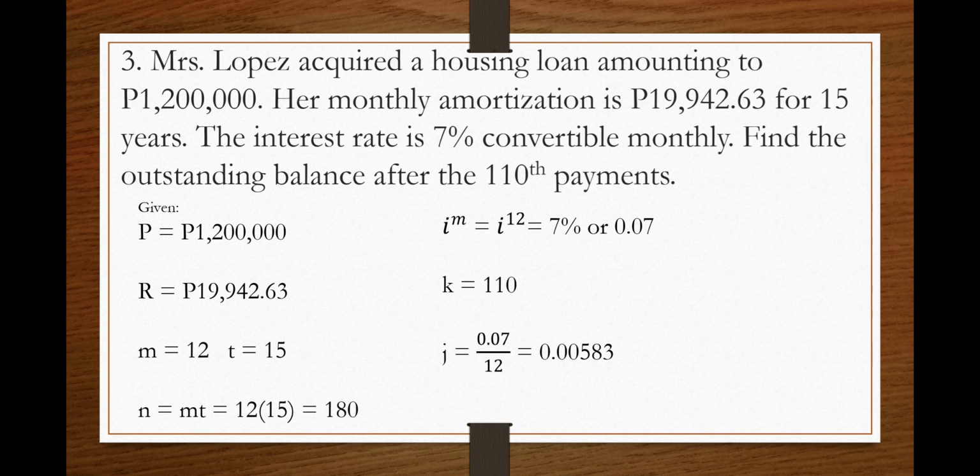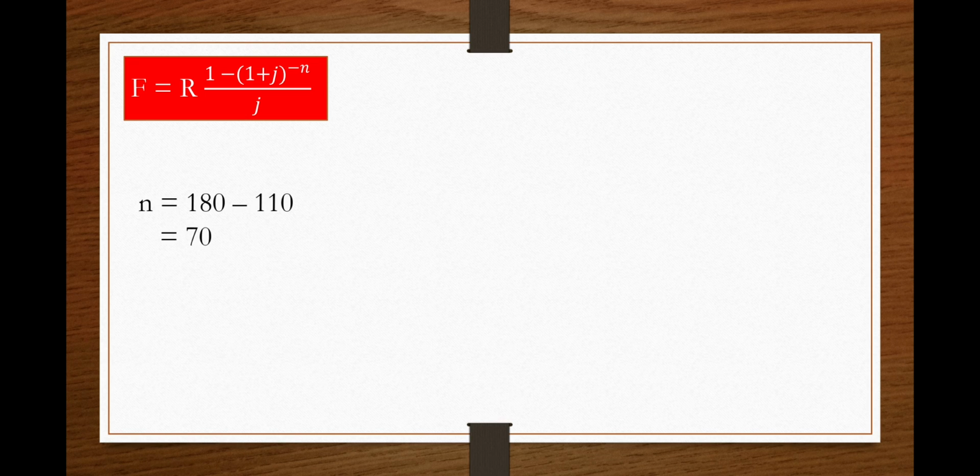Since what is asked in the problem is after 110 payments, the remaining number of payments is 180 less 110, and that is equal to 70. There are 180 payments in all, less 110, so there are still 70 payments.